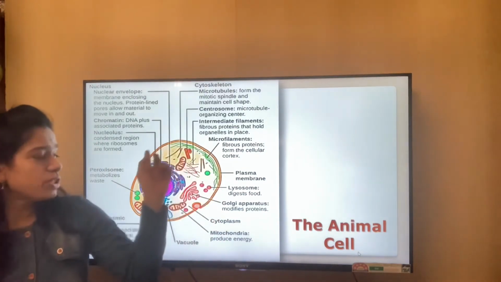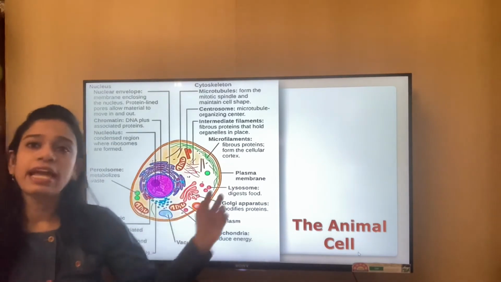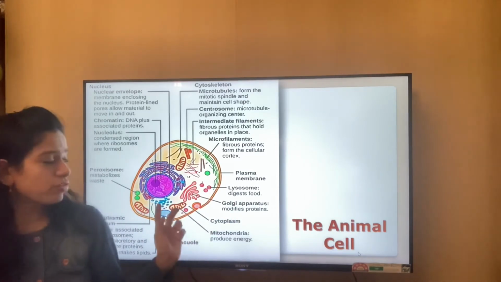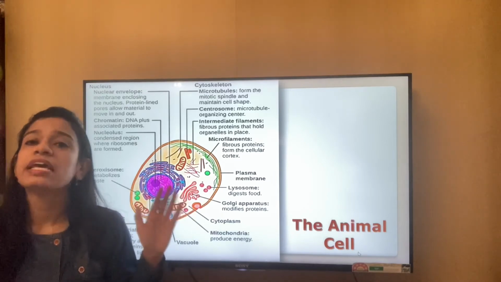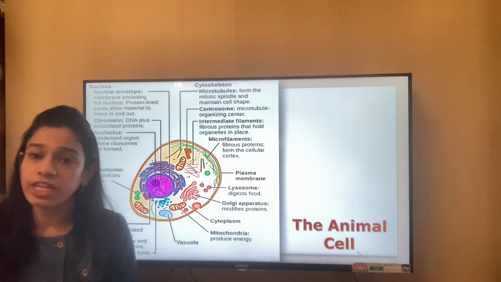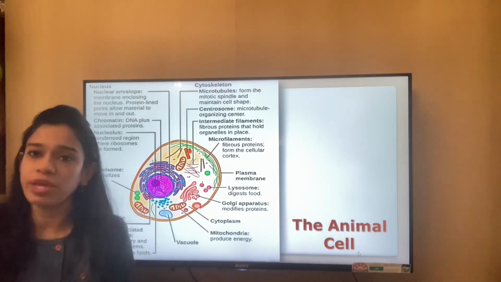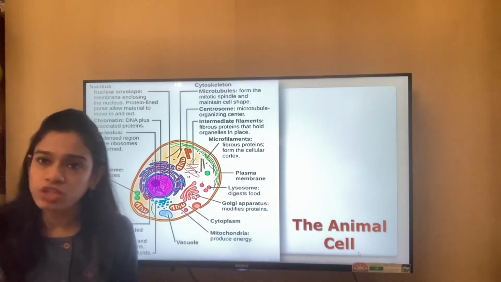When we talk about the animal cell, this is a plasma membrane or the cell membrane that encapsulates and gives shape and protection to the cell. The cell membrane, as we have already told, does not permit anything and everything. It permits only some selected things. So it is selectively permeable. Now when we talk of selectively permeable, what does it actually mean?